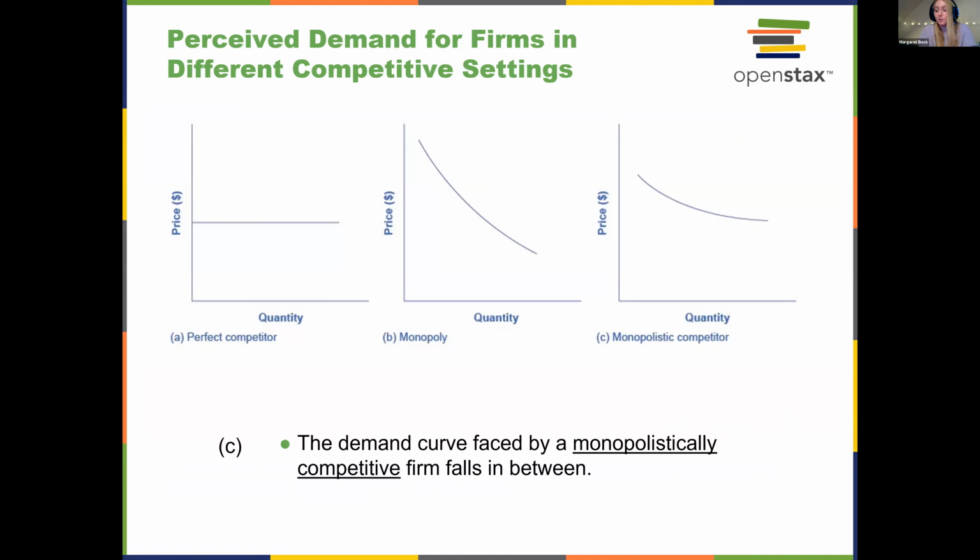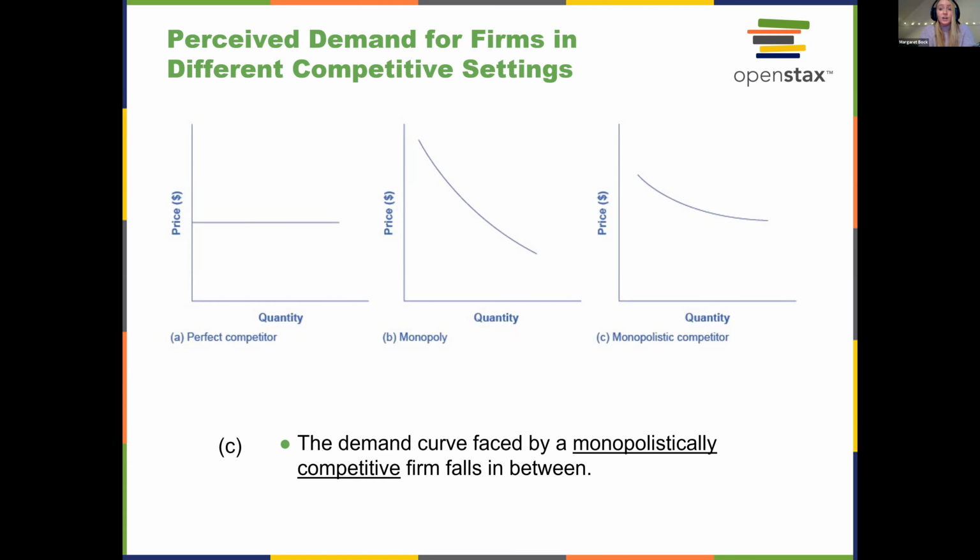In the next video, we're going to be talking about how the monopolistically competitive firm chooses its output and price, just like we did for a monopoly. And we will see that in the short run, the monopolistically competitive firm is able to make short-run profits just like a monopoly.